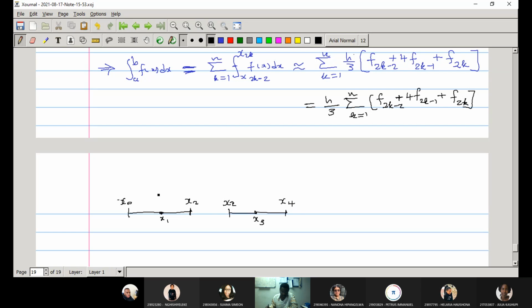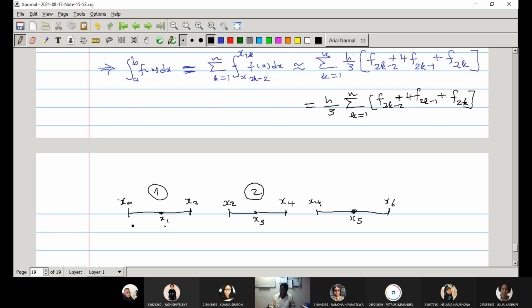So this is the first subinterval. The second subinterval is this one, and then the next one is this, where we have x4, x5, x6. You see that all these odd subscripts 1, 3, 5 are inside. They will not be doubled, right?